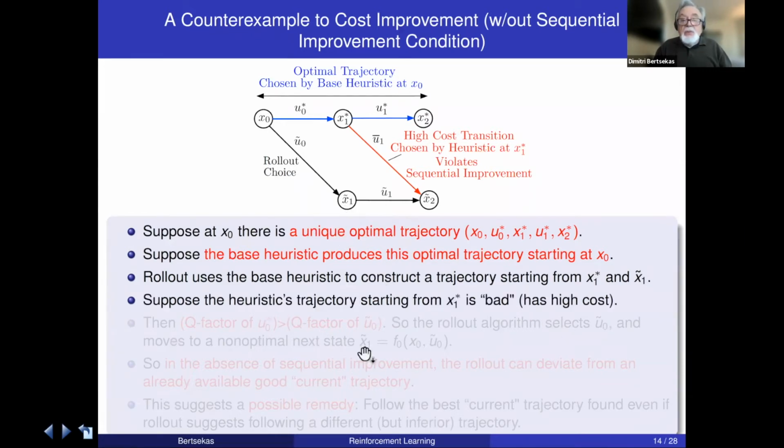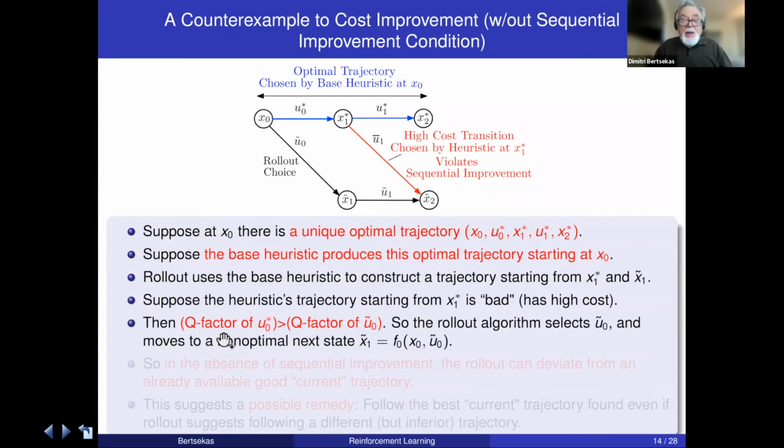And also the Q factor of U0 star is greater than the Q factor of U0. So the rollout algorithm will select this U tilde 0 and move to the non-optimal state. So the Bayes heuristic goes optimally, the rollout algorithm deviates and takes the wrong turn and gives us a worse trajectory.